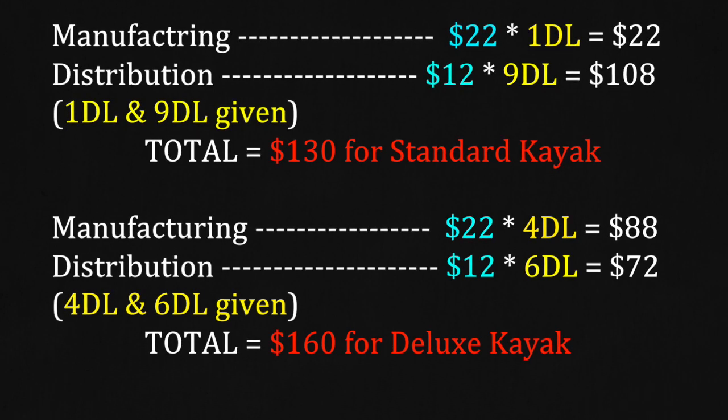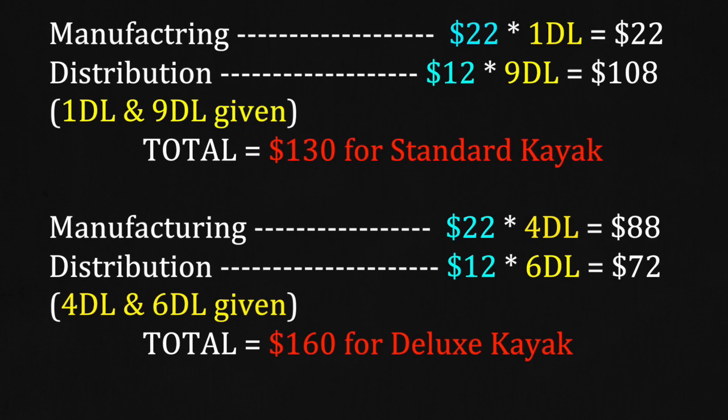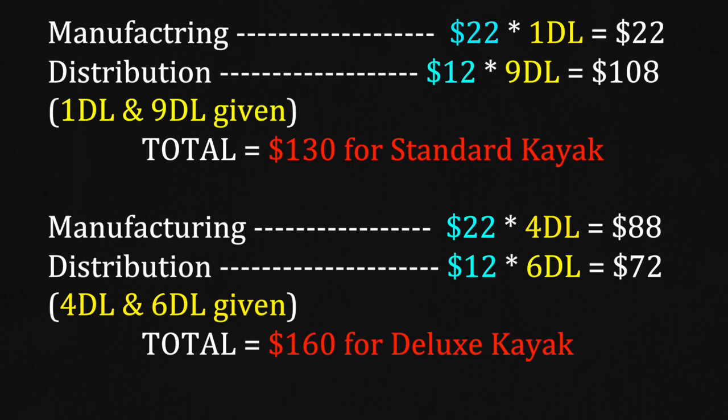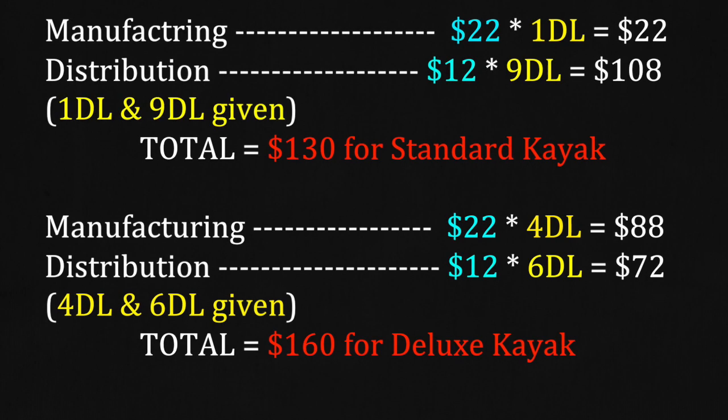Add those together, and it's $130 for the standard kayak to be made. Then we have our manufacturing at $22 times 4 direct labor hours given, and distribution, which is $12 times the 6 direct labor hours given. When you add those together, you get $160 for the deluxe kayak. Those are the 2 individual jobs that we have for the departments that are given.